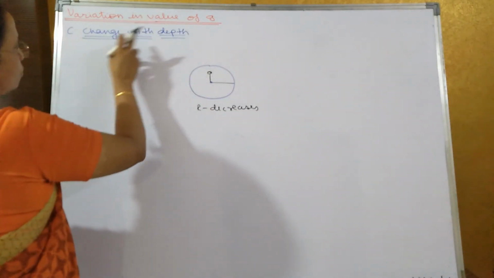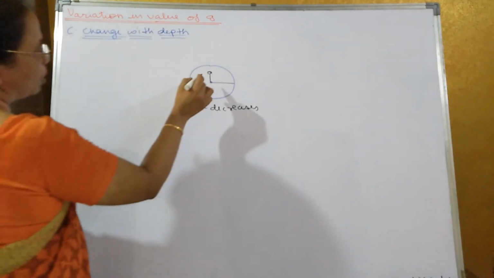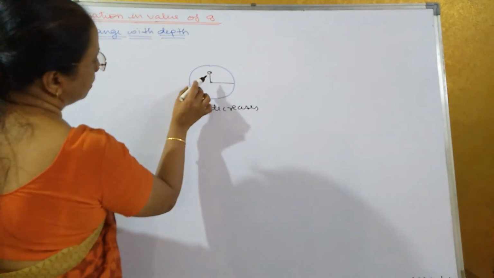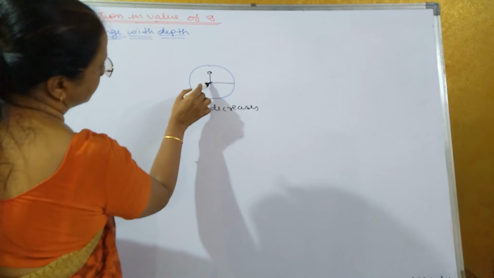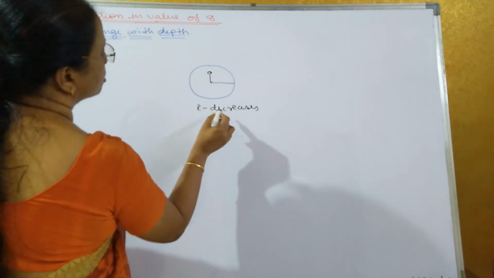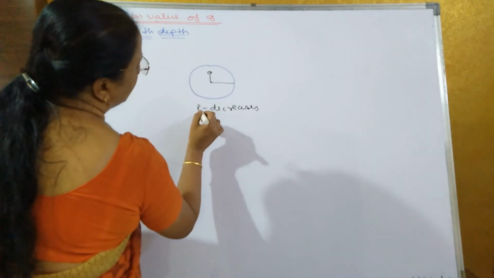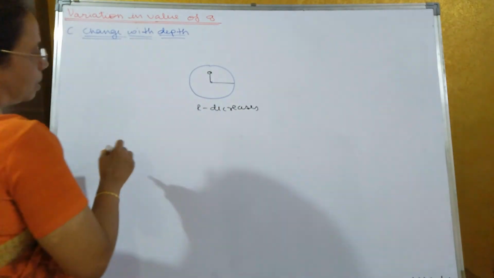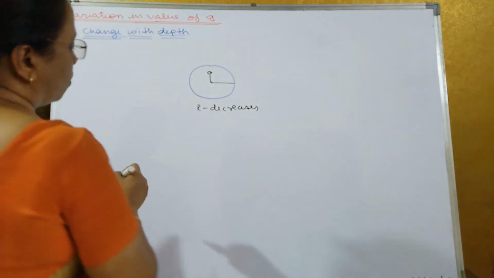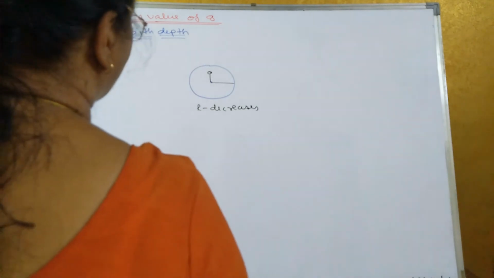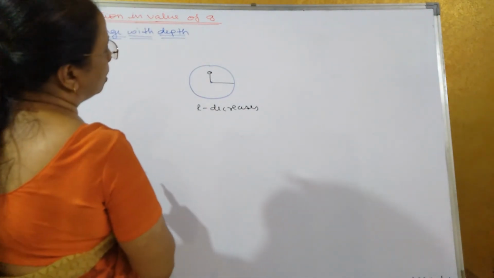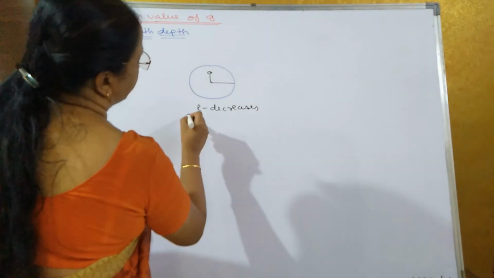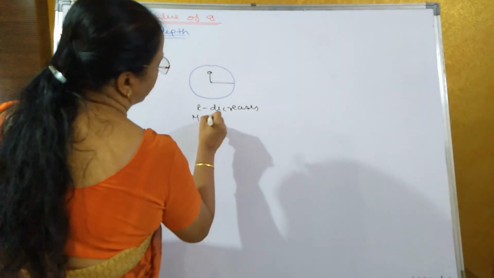The value of g also changes with depth. Suppose an object goes inside the earth. Then the distance between the object and the center of the earth decreases, it is less than the radius of the earth. Therefore, the part of the earth which contributes towards the force of attraction felt on the object also decreases, that is, the mass also decreases.